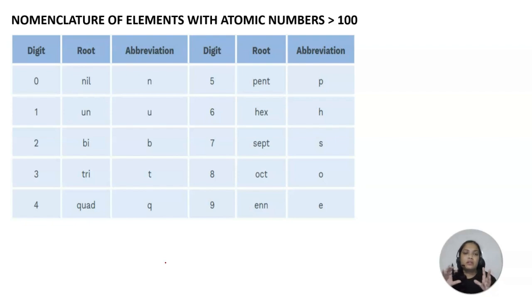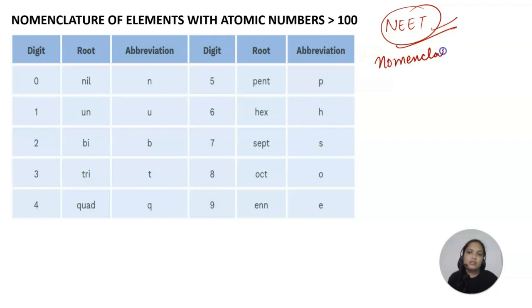So IUPAC gave us this nomenclature, to be used until it is finalized who discovered the element and the name is given. And we have got one question in the NEET examination from this nomenclature also. So do not skip it or think it is not important. Recently this question was asked. You can see in the PYQ book also that a question on nomenclature was asked by NTA.